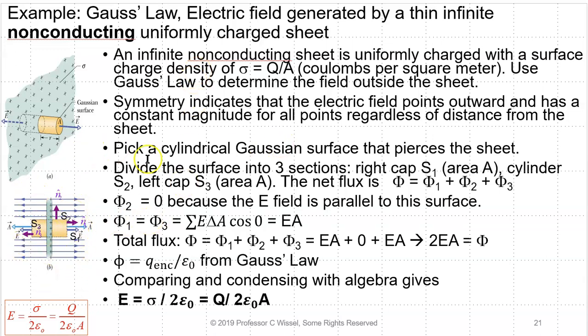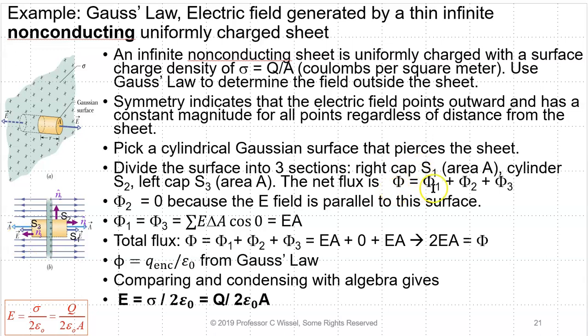Symmetry indicates that the electric field is going to point outward and has a constant magnitude for all points regardless of the distance from the sheet. We're going to pick a cylindrical Gaussian surface that pierces the sheet. We're going to divide the surface into the three sections that we had before: right cap S1 with area A, cylinder S2, and the left cap S3 of area A.